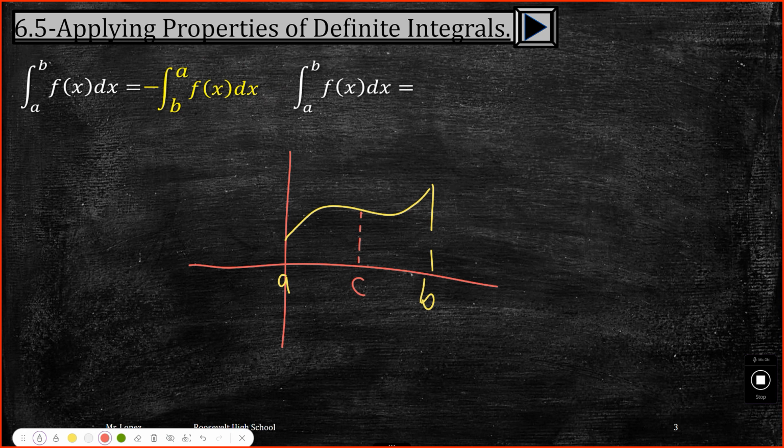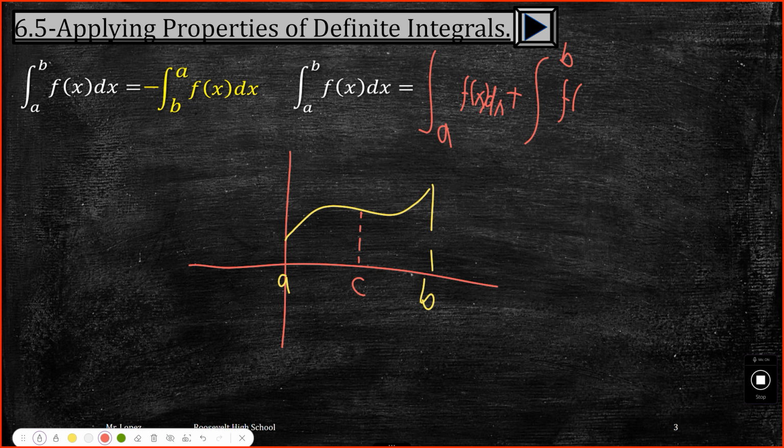So yes, I can go ahead and break it into 3, 4, 5 more pieces. I can say a to c, and then this is b over here, and then this is f of x dx.